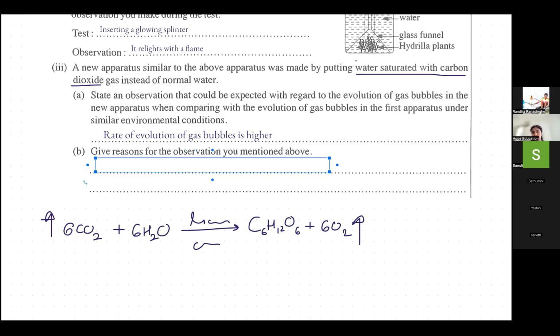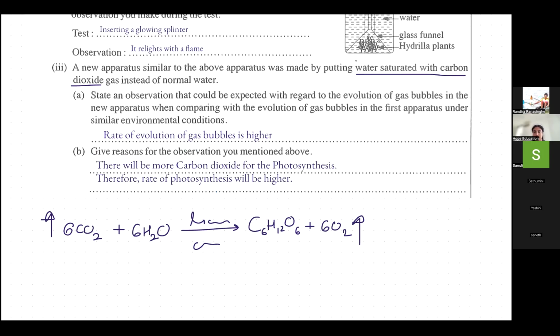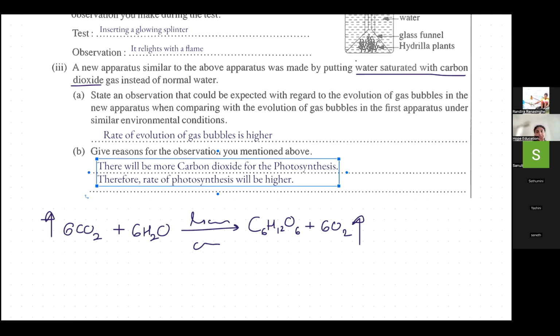That has to be written. Next, you have to write, therefore the rate of photosynthesis will be higher. If you wrote those two points, you got full marks. Is that clear? Give me a thumbs up if it's clear.